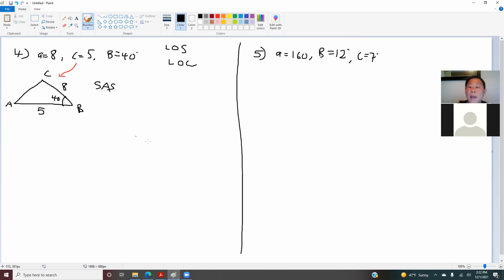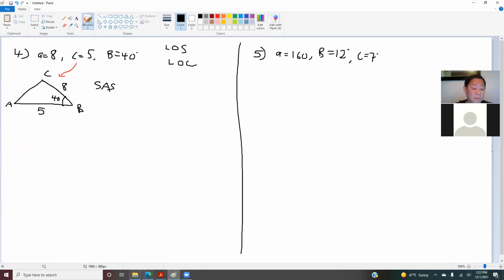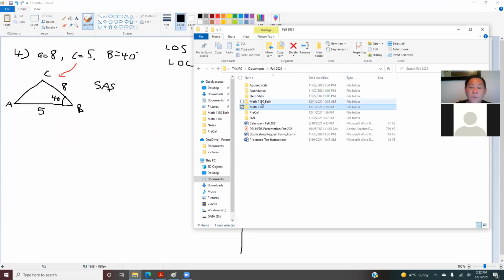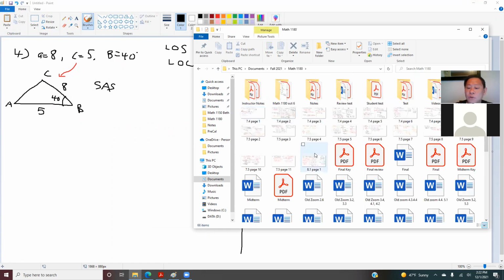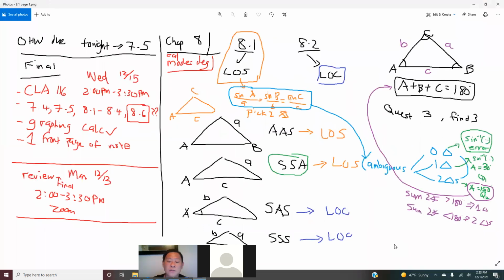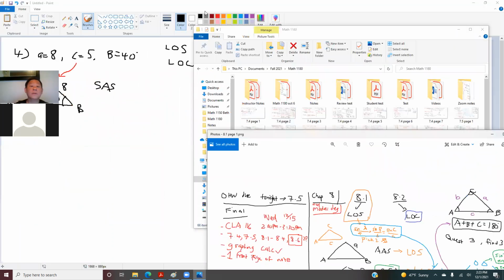If you take a geometry class in your high school, you should know about this side, angle, side, because you do this a lot in your geometry class when you prove things. So for this case, which law should we use? Is that law of sine or law of cosine? Since this is side, angle, side, we will use law of cosine.